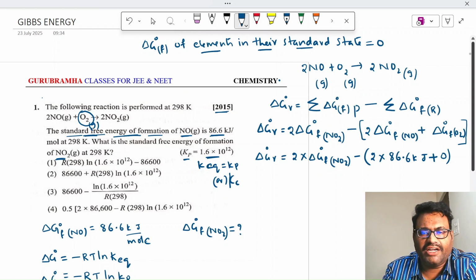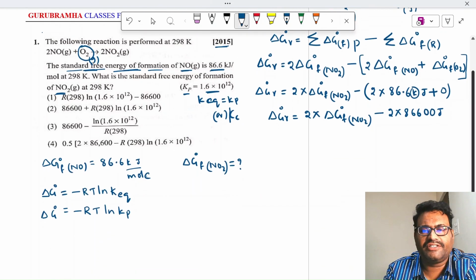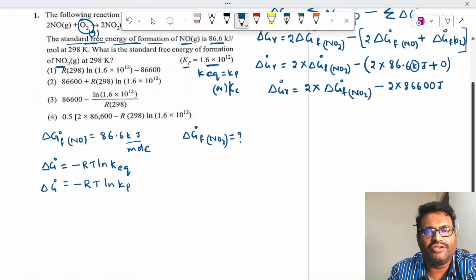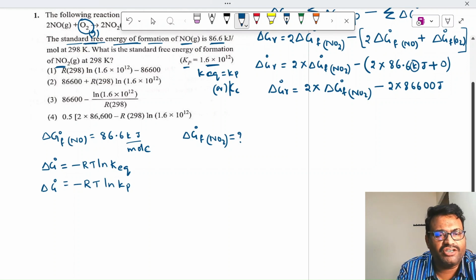So then what do you get? Delta G naught of the reaction is equal to 2 into delta G naught of the formation of NO2 minus 2 into 86,600 joules, because it is given in kilojoule, right? So we have delta G naught. Here delta G naught means delta G naught of the reaction. You can substitute here, right?